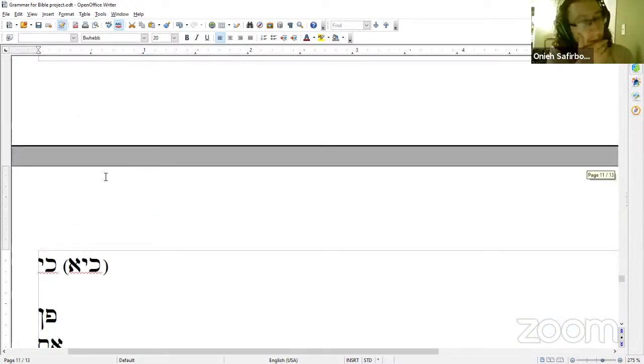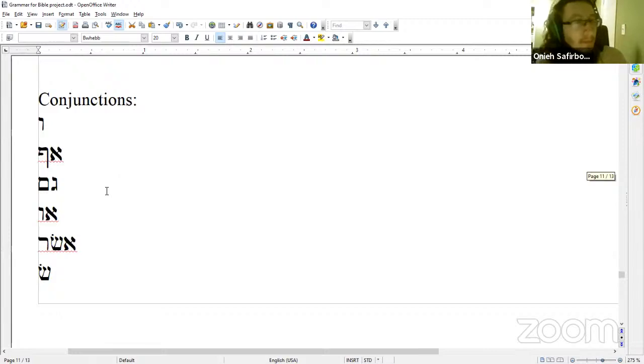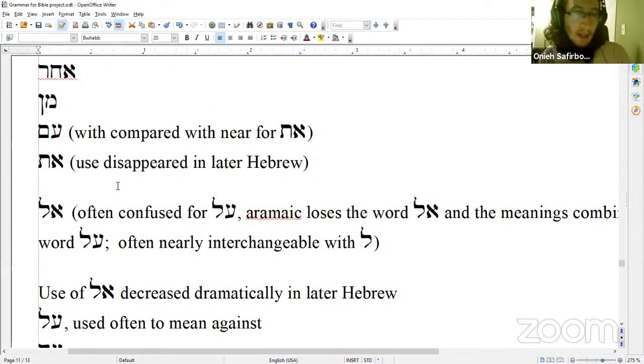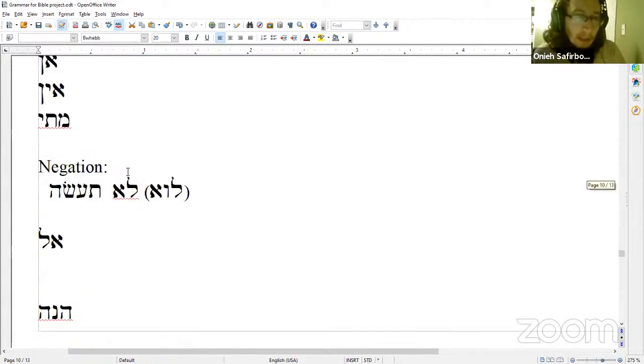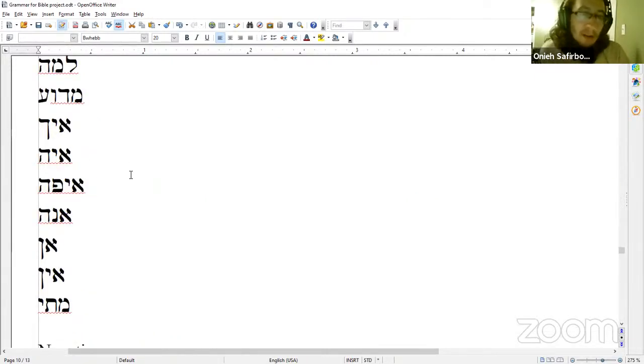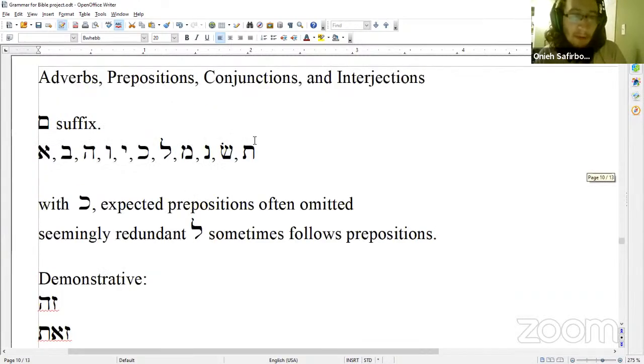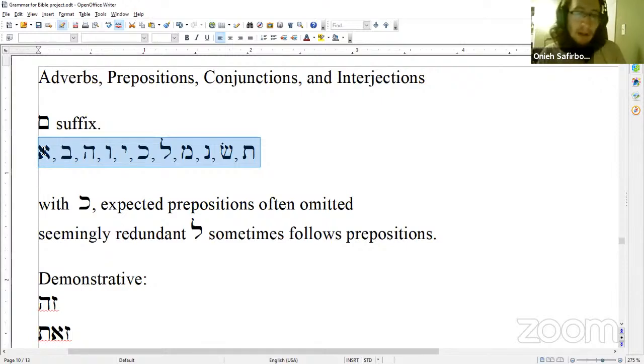Let's see here. There's not much more to share today. I mean, there is one more thing that's a little bit lengthy, but we did start later. So I'm going to be talking about these things right here, these letters. In a previous lesson, I explained how there are servile letters and radical letters.